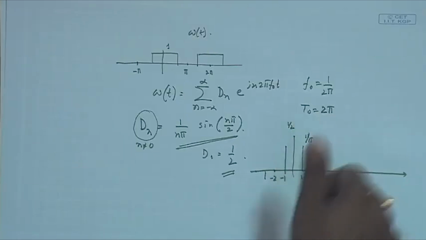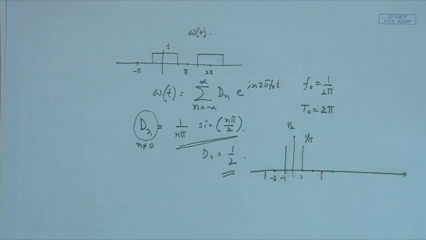Because the d_n are all real, basically the phase part is always 0. So, the phase spectrum will be just 0 everywhere. It does not have any phase part for all the frequency components, starting from the DC value which is at frequency 0. So, it has a half.